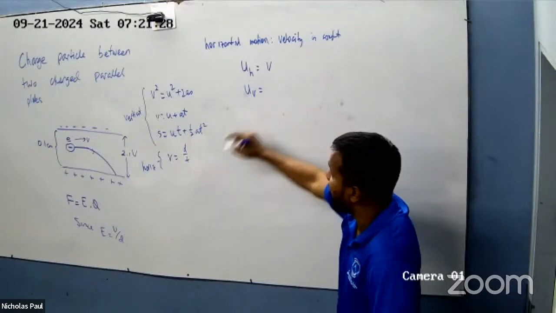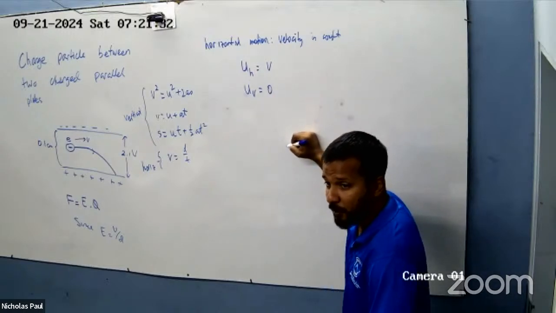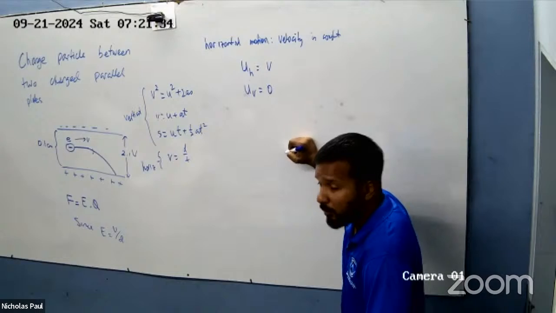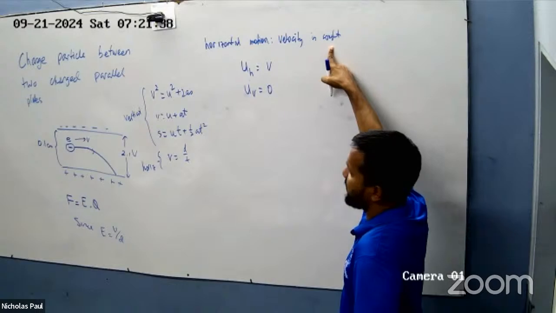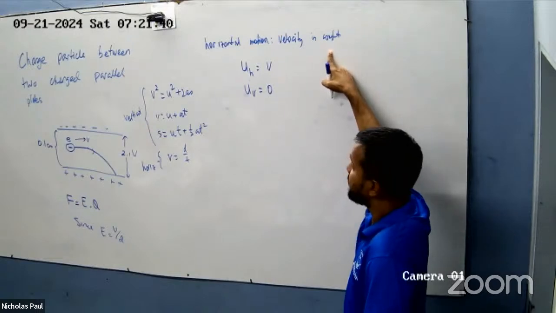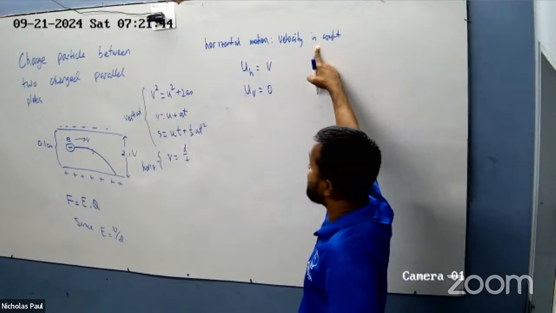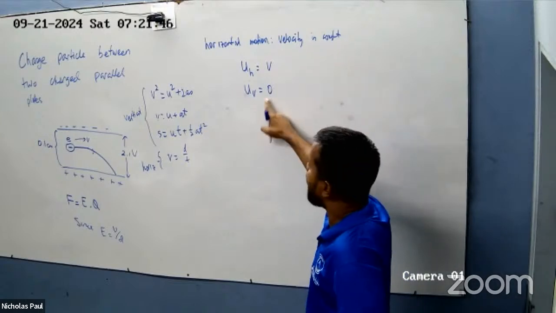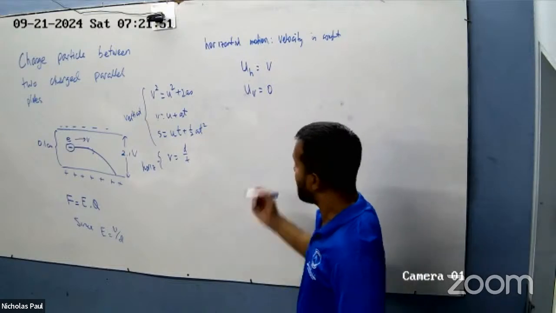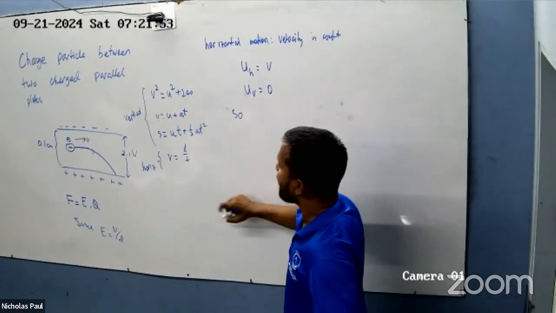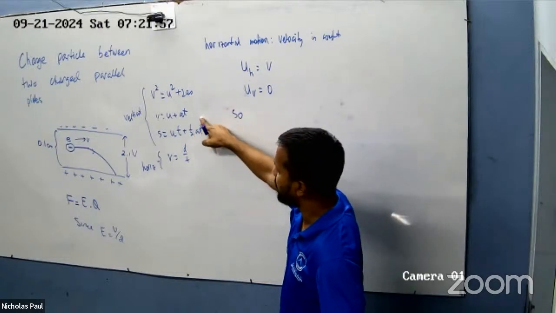In this case here, it is 0. We know horizontal velocity stays constant. But what about vertical velocity? Does it stay constant? No. So how do we find vertical velocity? 1, 2, or 3? 2.